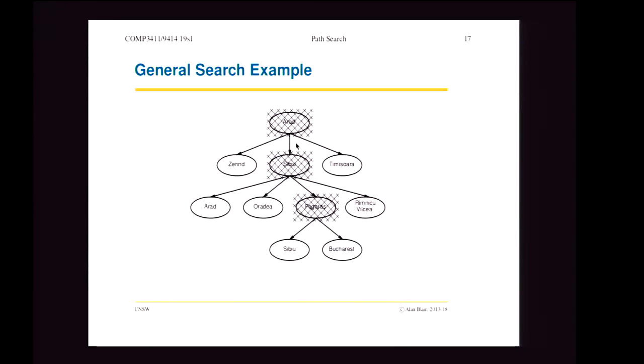And the other thing is that at any given time we have a tree, with some nodes that have already been expanded, and potentially nodes that haven't been generated yet.